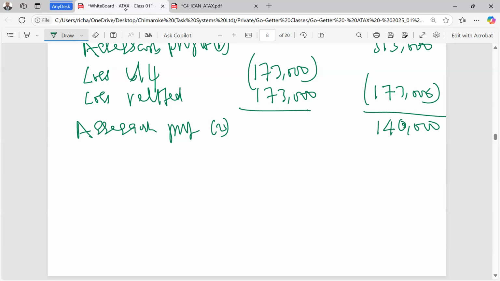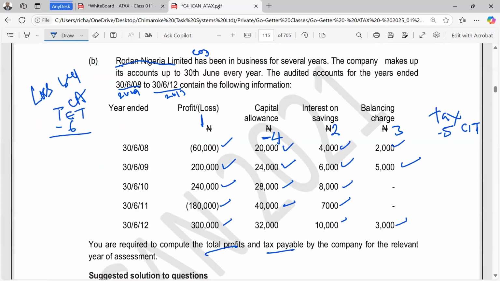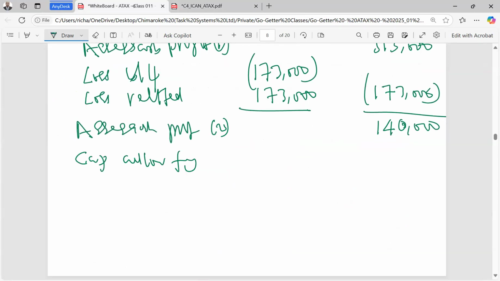Then you come here, capital allowance for the year. Capital allowance for the year is 32,000.